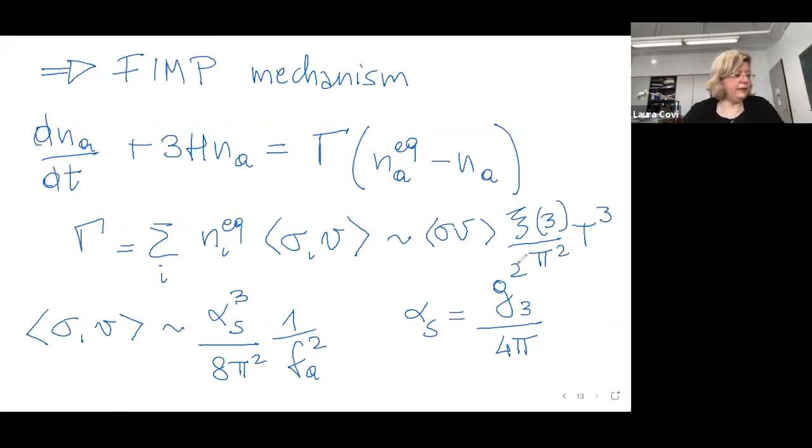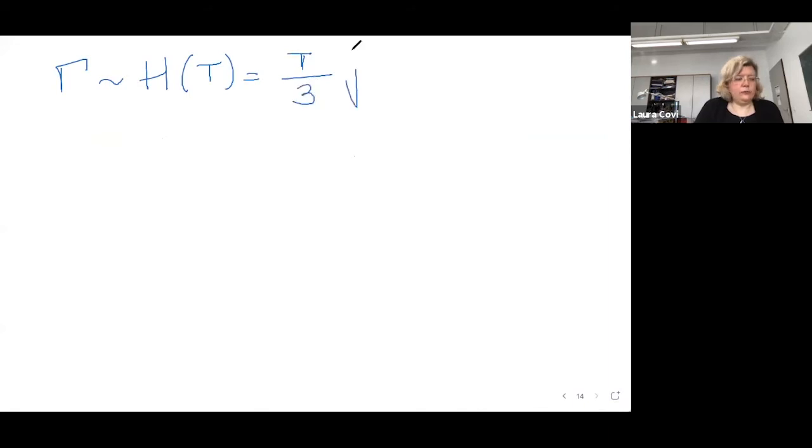And from this, we can immediately do the kind of back of the envelope computation. So we can check what is gamma of order H. Remember that H is pi over 3, the square root of g star over 10, T squared over the Planck scale, the reduced Planck mass.